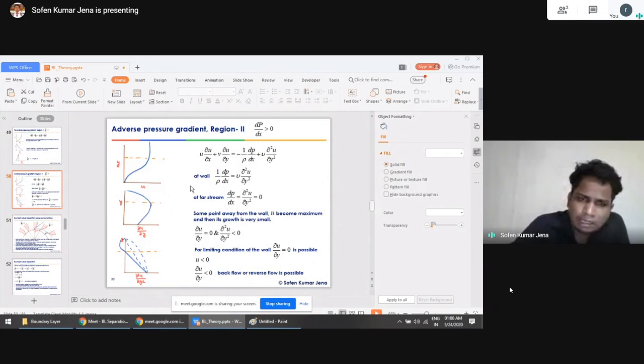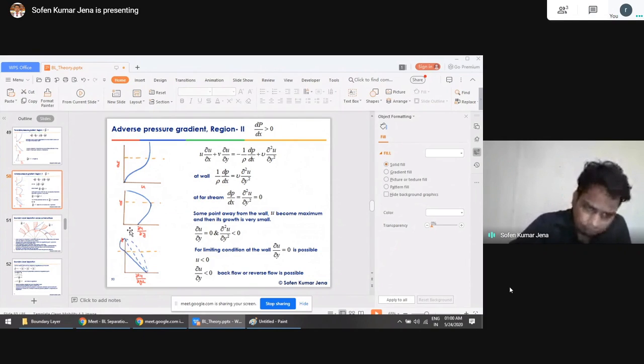But again, once this term is positive, in order to satisfy the no slip condition, the pressure gradient and the double derivative need to be positive. This double derivative passes from positive to negative, and again goes towards positive. Whether they come directly from here to here, this double derivative can go directly from here to here. So not necessarily does it have to pass through this point, but if it has to pass through this point, then there is a separation.